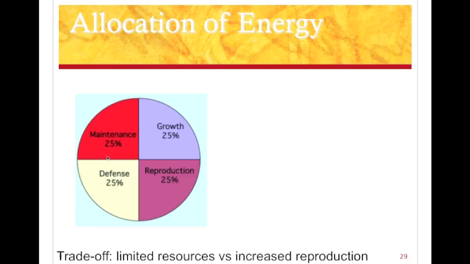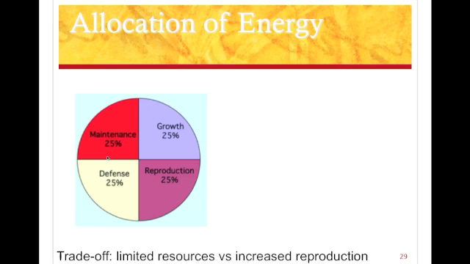So if you put your energy into, let's say, these four basic categories, a quarter of it into maintaining yourself, a quarter into actually growing, a quarter into defense, and the remaining quarter into reproduction, well, that's a good strategy.